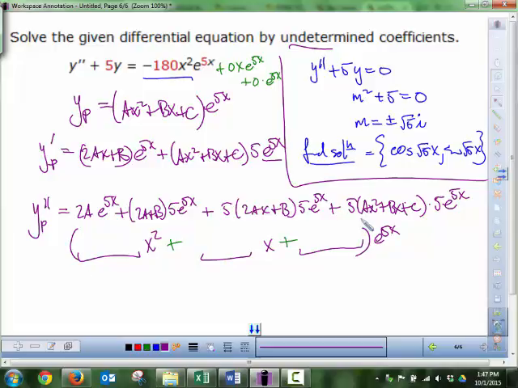Okay? So that's what I will be looking for. So, x squareds. I think I only have one x squared here, right? Nothing else is being x squared. So that's a 5, that's 25a times x squared. We good? See that?